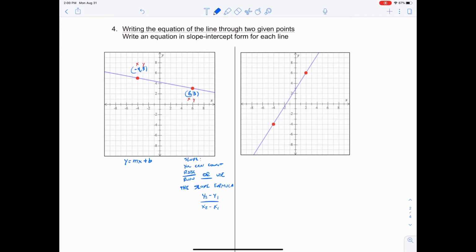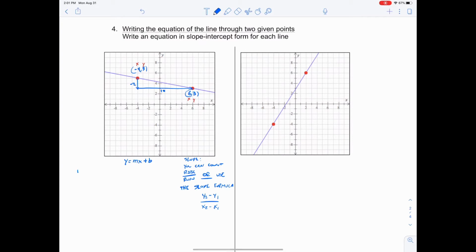If we did count, I could see that we're going down 2, right? Because to do the rise, you're either going up or down. So we're going down 2, and then I'm running quite far here. I'm running 10. So notice I'm going down which is why I have a negative 2, and then I'm going in a positive direction along the x-axis through 10.